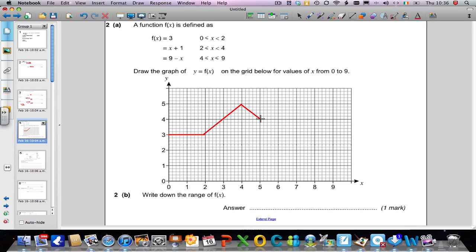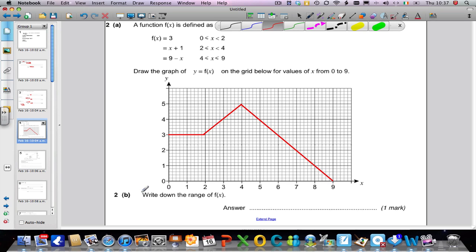And as you'll see, the graph actually goes right the way down to there. Just a quick check on that. If x was 9, f of x would be 0. If x was 8, f of x would be 1. So you just choose a value for x that falls within those criteria, substitute it in there, and that tells you where the graph passes through.